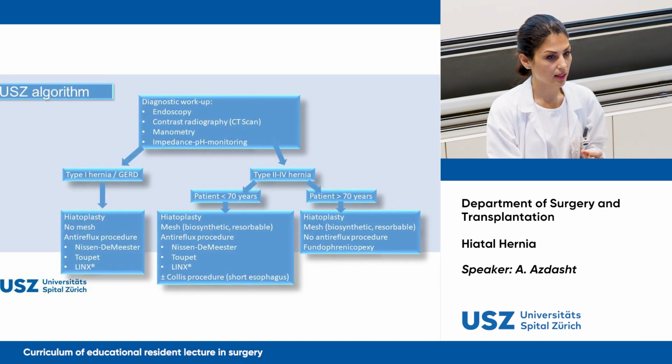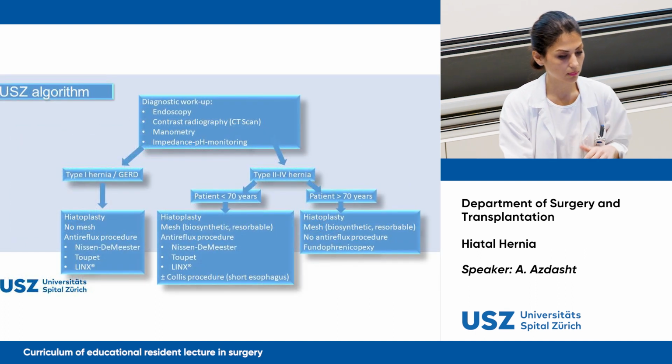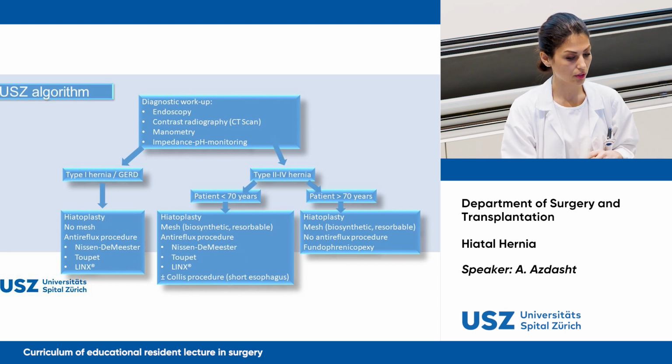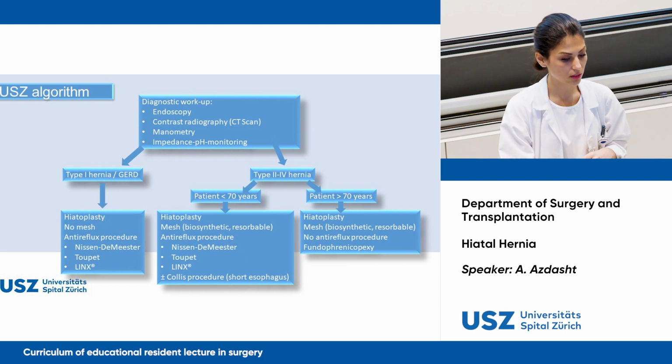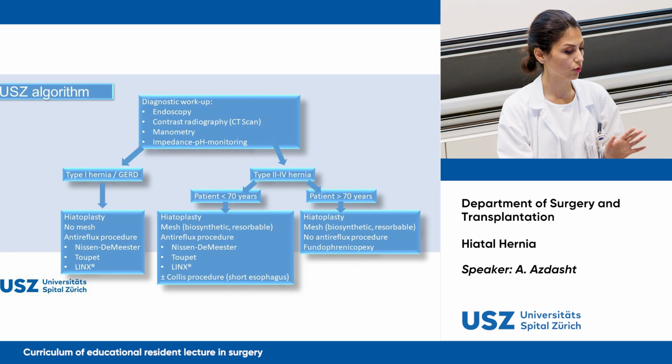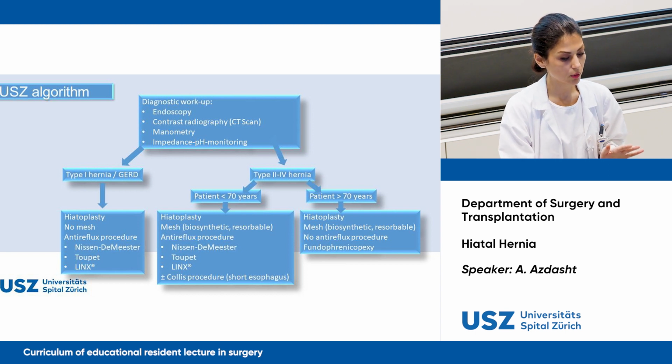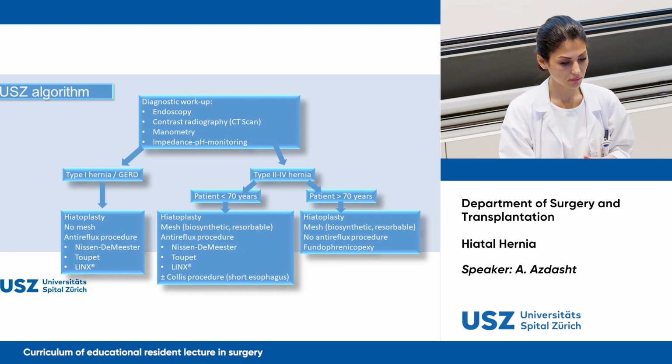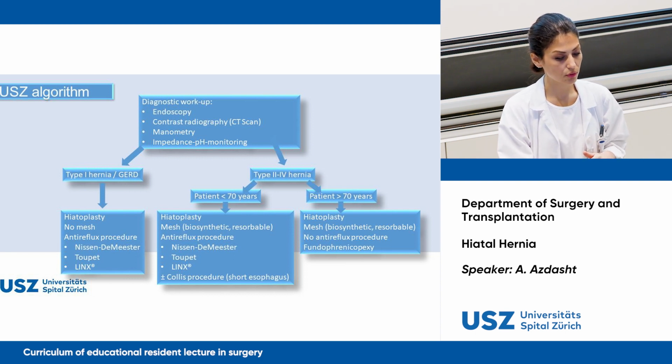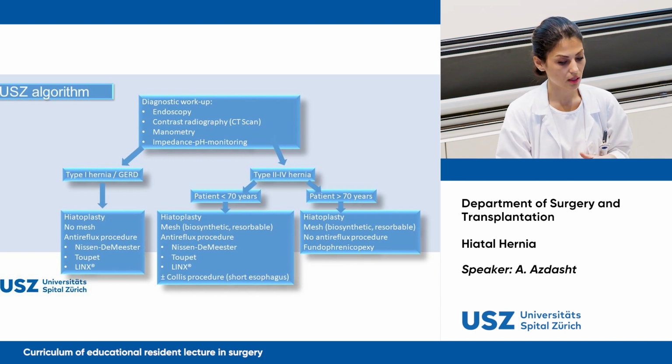So here at our clinic, after the complete diagnostic workup in type 1 hernias with GERD, we go for hiatoplasty. We don't need any mesh, but we do an anti-reflux procedure. This can be either Nissen, Toupet, or the LINX. And for type 2 to 4 hernias, for bigger hernias, we go for patients under 70, also with hiatoplasty.